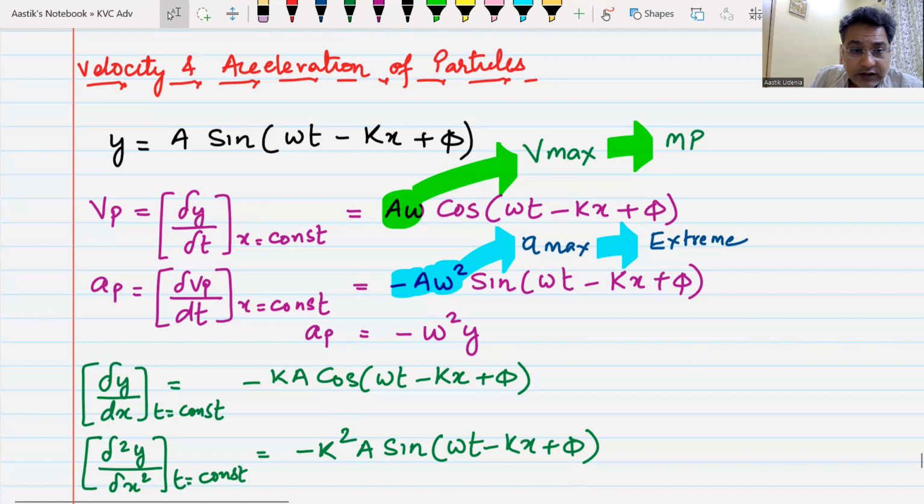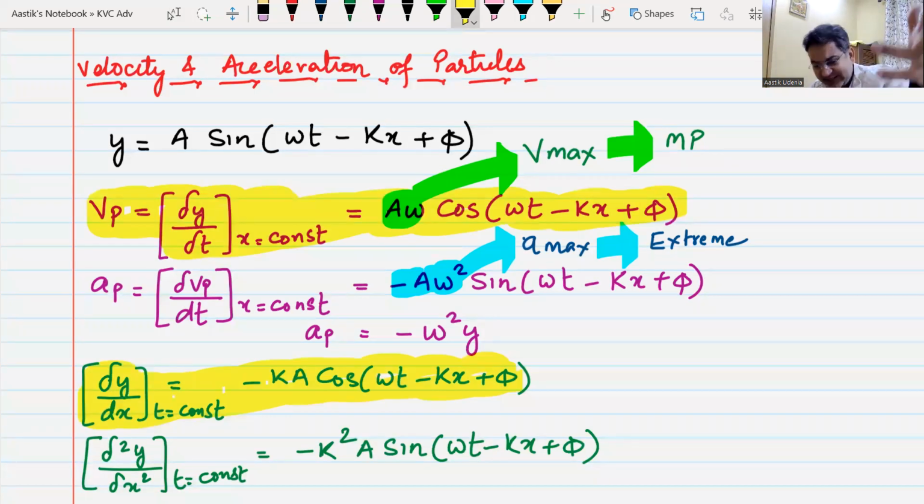Now, comparing the two equations, which I am going to compare? The two yellow ones, because these two yellow ones are the first partial derivatives. We will see a striking resemblance between the two.